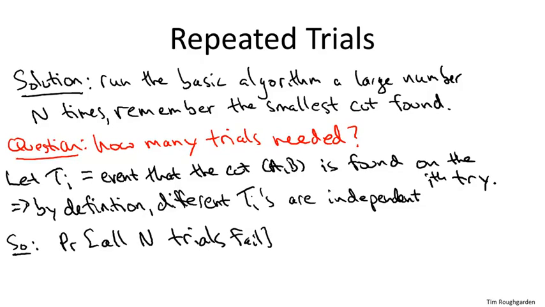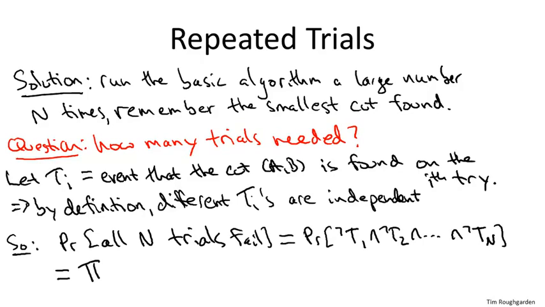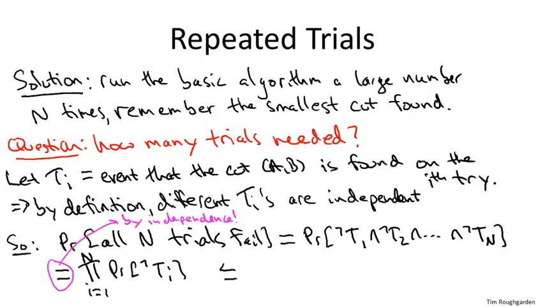So the probability that all of these things happen is just the product of the relevant probabilities. So the product from i equals 1 to capital N of the probability of not T_i. Recall that we argued that the success probability of a single trial was bounded below by 1 over n squared. So the failure probability is bounded above by 1 minus 1 over n squared. So since that's true for each of the capital N terms, we get an overall failure probability for all capital N trials of 1 minus 1 over little n squared, raised to the capital N.